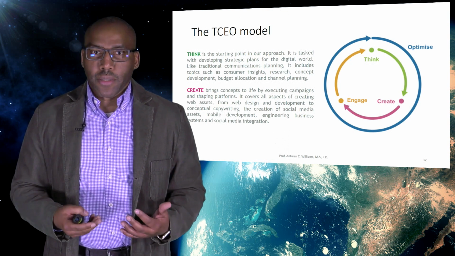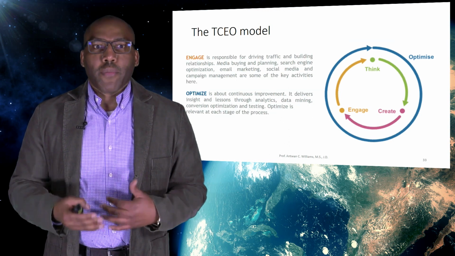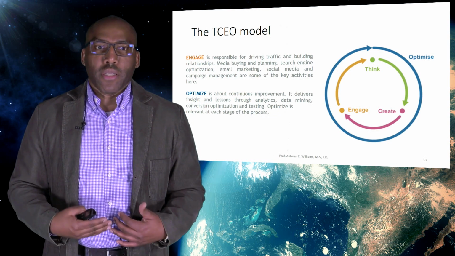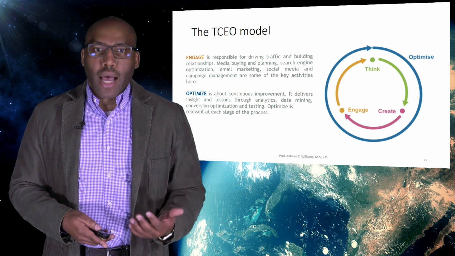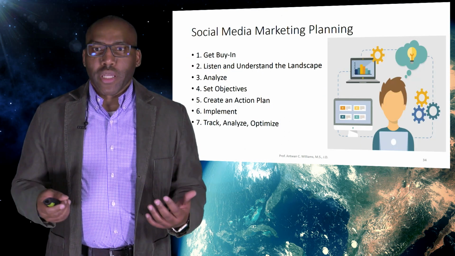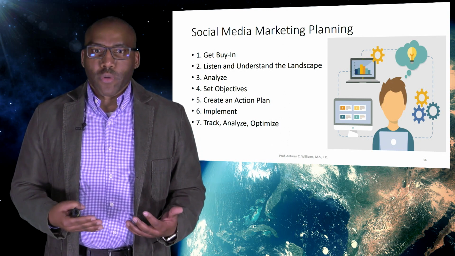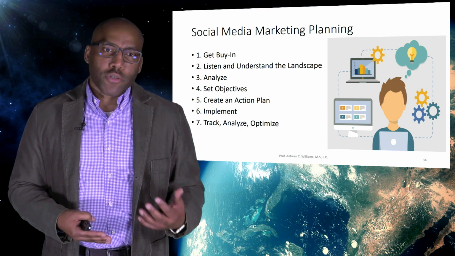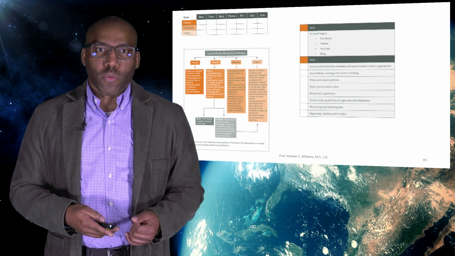And you want to create the products that you're going to place on there, engage, and then optimize, continuously improving, delivering information by watching and analyzing how it's working through analytics, data mining, how people are sharing and liking and converting. Part of social media is you want to get the buy-in, you want to listen and update, you want to analyze, make sure we set objectives, create the action plan, implement, then track, analyze, and optimize your approach that you've done in the digital world.